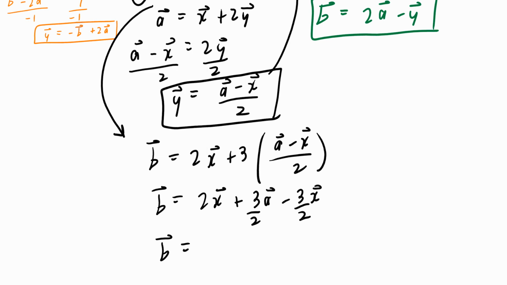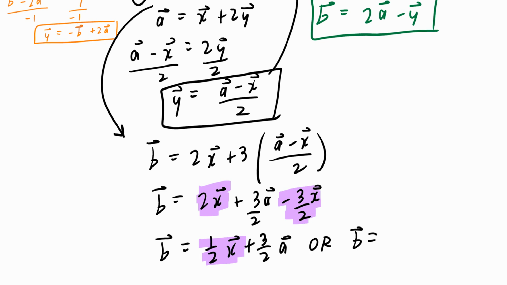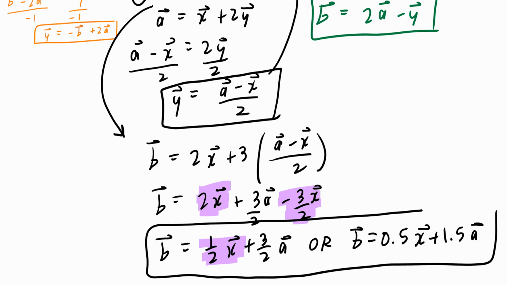So again, if I think about 2x minus 1.5x, you can do some mental math, or if you want to use a calculator, that's fine. 2 minus 1.5 is 0.5, or half, times vector x plus 3 over 2 vector a. Now, of course, one person's going to say, can I express this in decimals? So if you wrote it as 0.5x plus 1.5 times vector a, that is perfectly fine. I hope this makes sense.